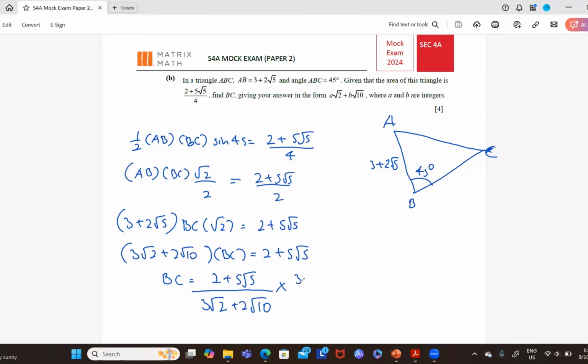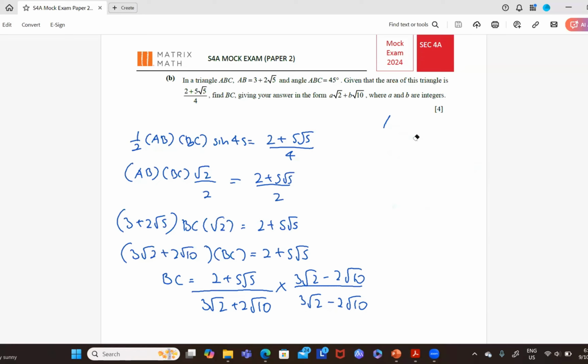Multiply this with 3 square root 2 minus 2 square root 10 over 3 square root 2 minus 2 square root 10. So now what we're doing here is rationalizing the denominator. Don't forget to rationalize this a plus b, you multiply it with a minus b. Recall your special product from Set 2, so that when you get a squared minus b squared, the square roots in the denominator will be gone.